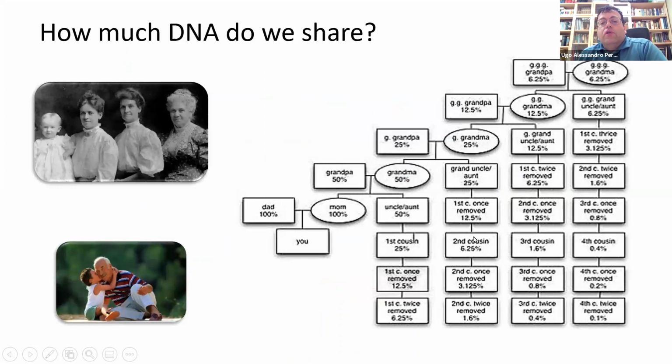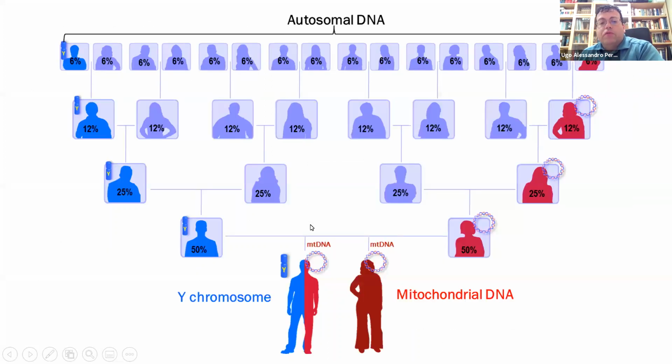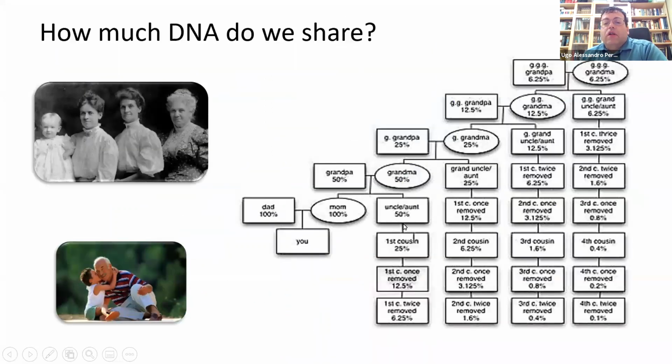Now, this is another very popular chart. You can Google them and find many that will show you how much DNA individuals share with you, not only going back in time, as you saw from the previous slide, but with your lateral lines. So how much DNA you have in common with your uncle or your aunt or your first cousin or your first cousin once removed.